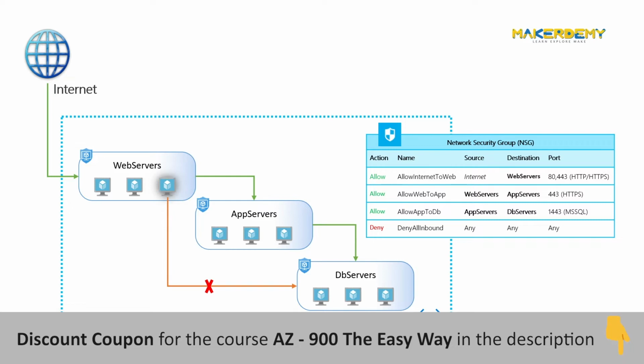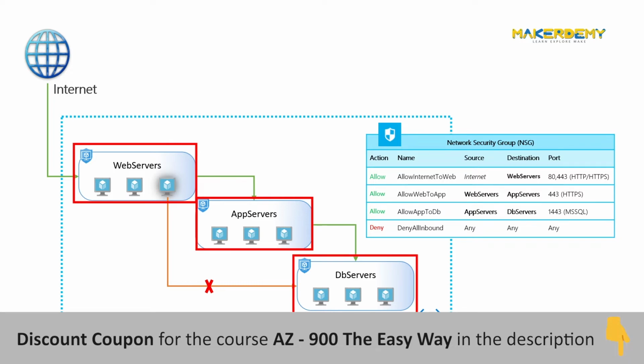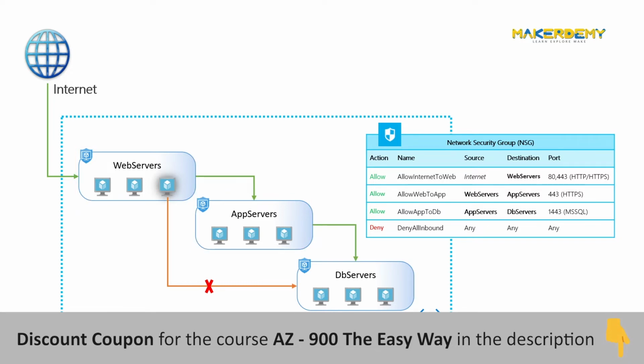Suppose you are developing a web application and you have web servers, app servers, and database servers. To make your application fault-tolerant and highly available, you have deployed 3 VMs into each of the servers. Suppose you want to create a rule to allow or deny traffic from some IP addresses.